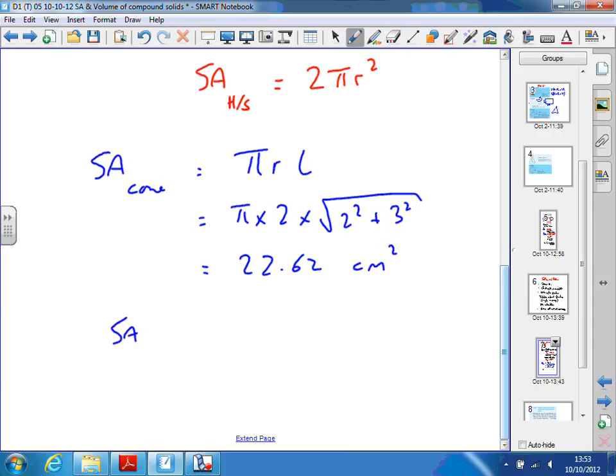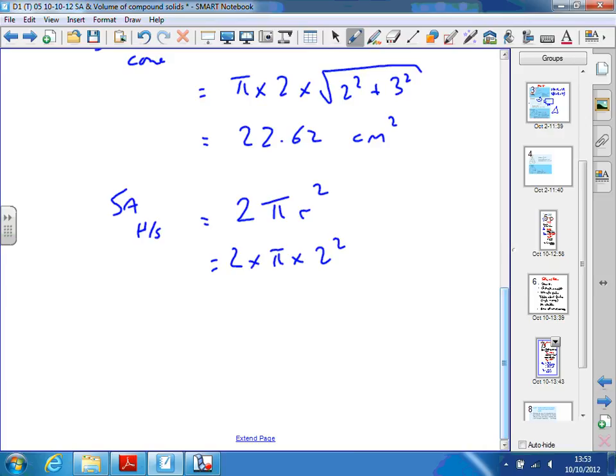Surface area of the hemisphere would be 2 times pi times the radius squared, so that's 2 times pi times 2 squared, which is 25.57, is that right?